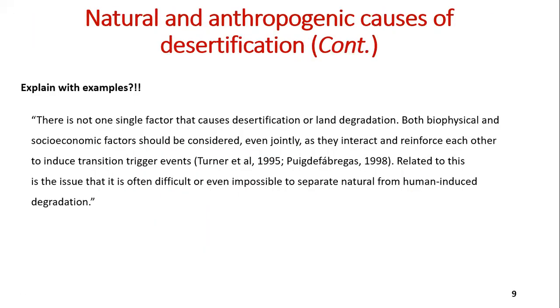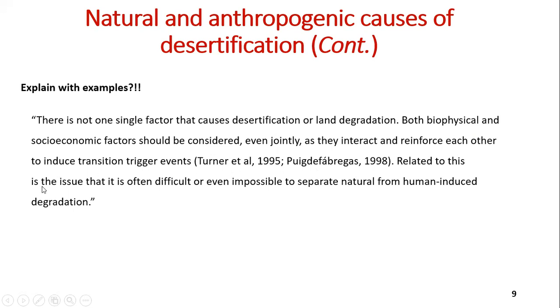Now, if we take this statement, there is no one single factor that causes desertification or land degradation. Both biophysical and socio-economic factors should be considered, even jointly, as they interact and reinforce each other to induce transition trigger events.